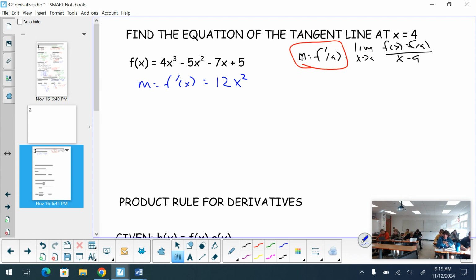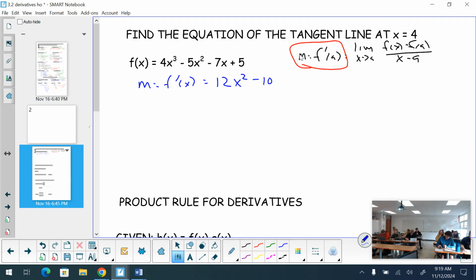We could take the derivative of negative 5x squared, then take the derivative of negative 7x, then take the derivative of 5. Take the derivative of each individual term. Rather than running it through the limit as x approaches a of f of x minus f of a over x minus a and having to factor all that stuff down, we can now just take our derivative. What would be the rest of our derivative here?